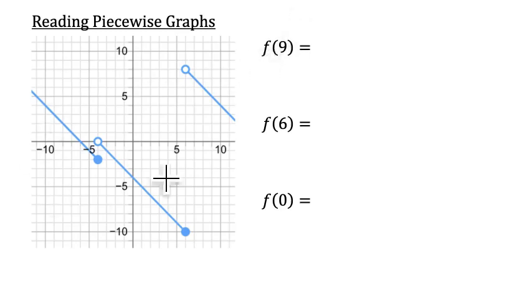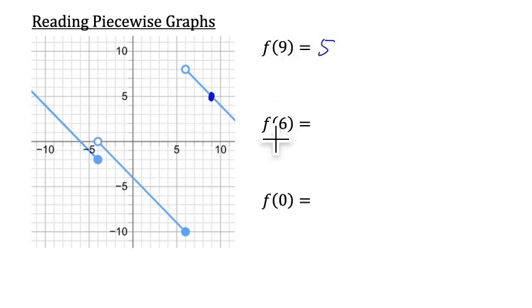So for this piecewise function, f of 9 will equal, let's see, 9 is over here. So if we go up to the graph, we're talking about this point right here. That's the point (9, 5). So when we have an input of 9, the output is 5. So we're looking for the y values on the graph with these x values.